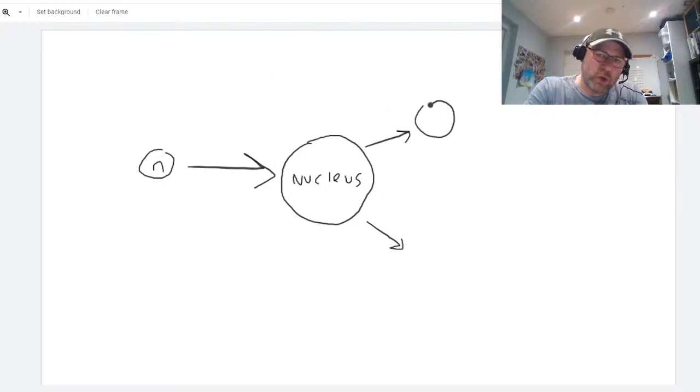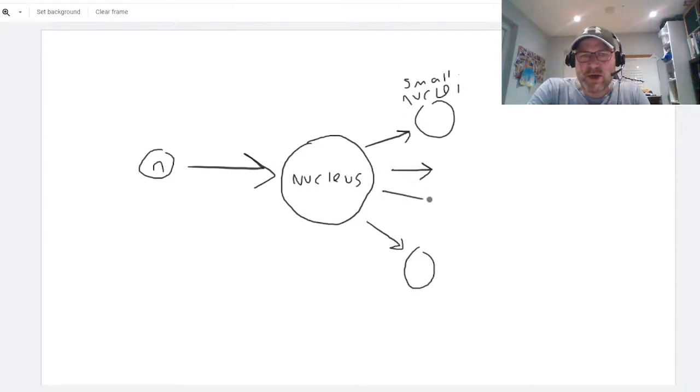You get daughter nuclei. They used to call them daughter nuclei. You can just call them small nuclei if you like. So you get 2 smaller nuclei. And then you get neutrons, normally 2 or 3. I'm drawing 3.